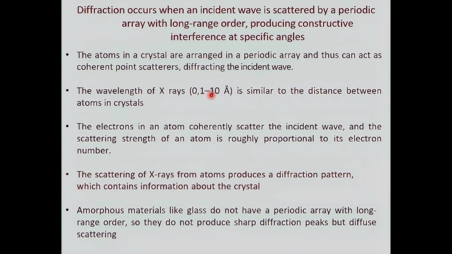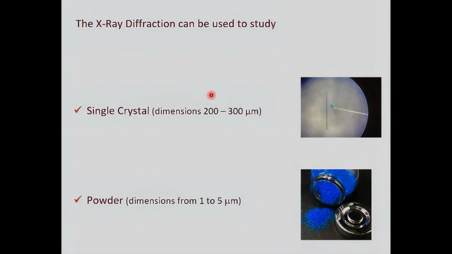And in this case, X-rays are able to diffract, but they are not able to give us a diffraction pattern constituted by peaks, but only diffuse scattering, a bump that I will show you.